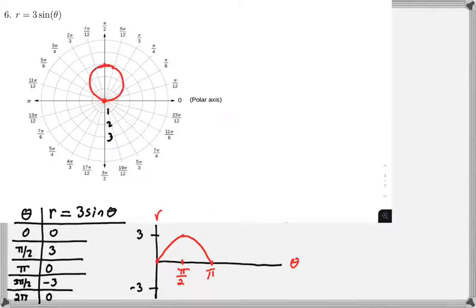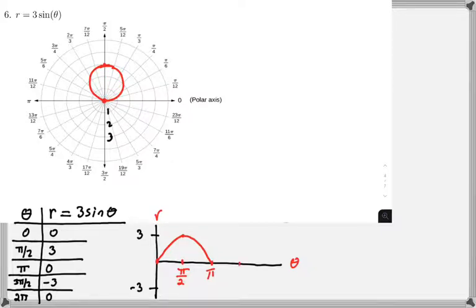So we have something roughly like that, and I'm thinking about the distance from the pole as it gets closer to pi over 2. That's when we're going to reach our maximum, and then we have some nice symmetry. So these distances are going to be symmetric with the y-axis, or theta equals pi over 2.